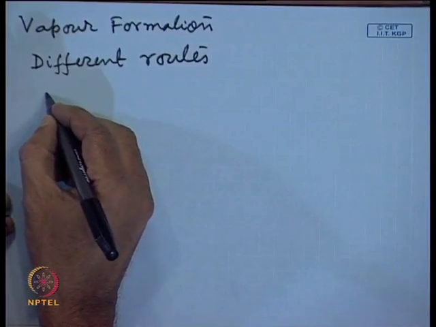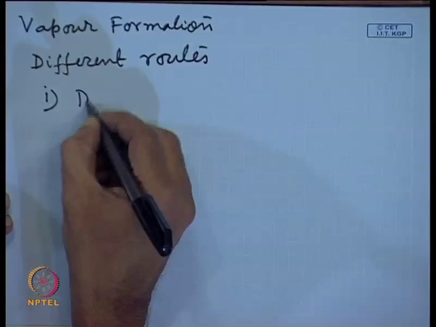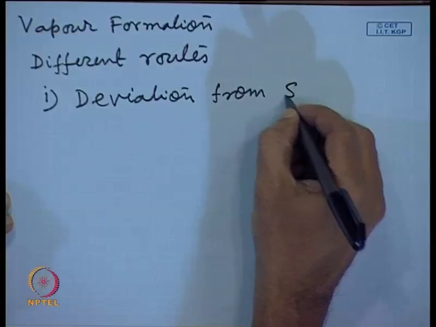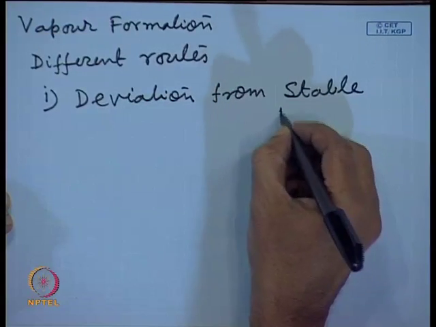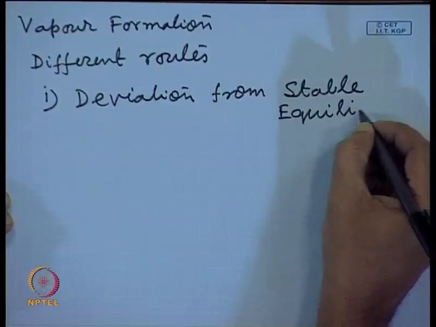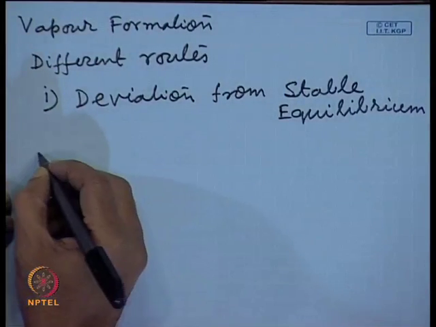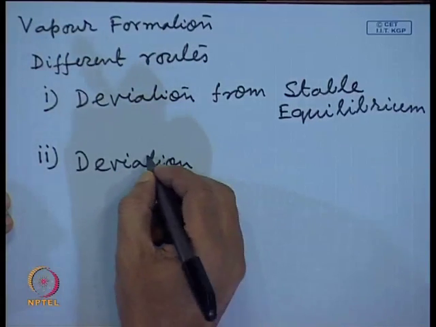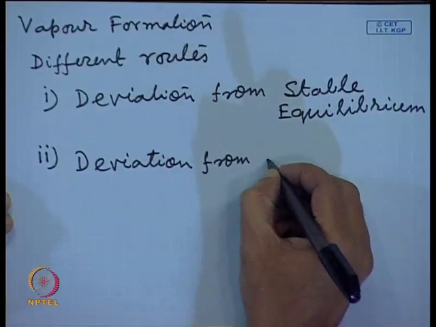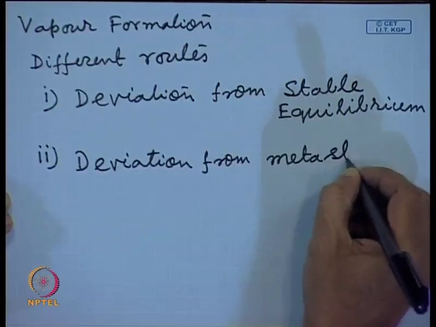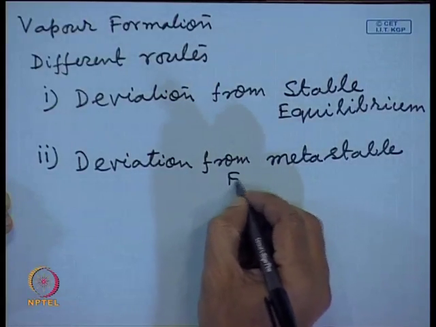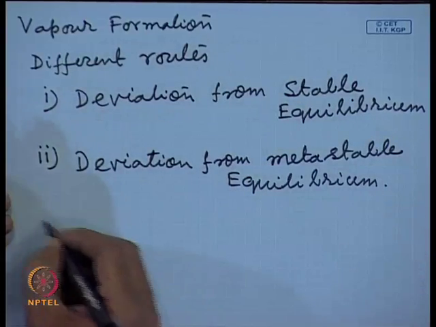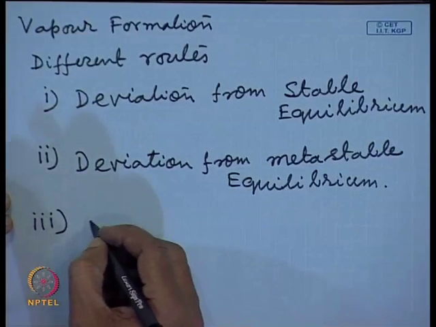one can think of three types of deviation: deviation from stable equilibrium, deviation from metastable equilibrium, and finally, deviation from unstable equilibrium.